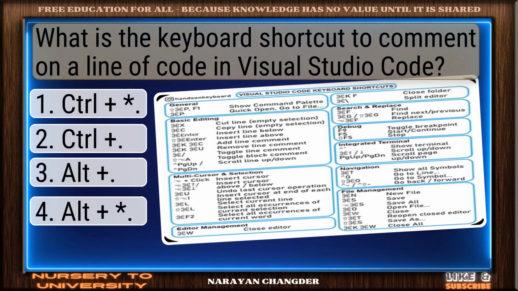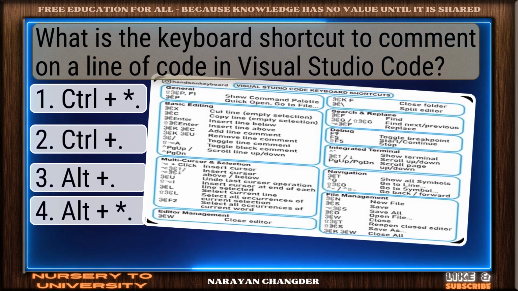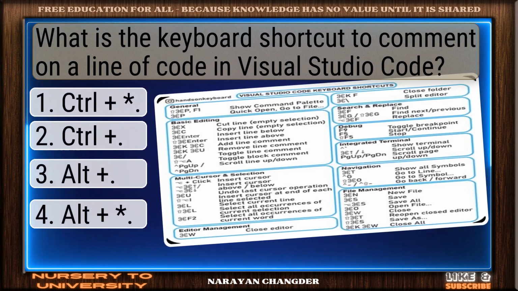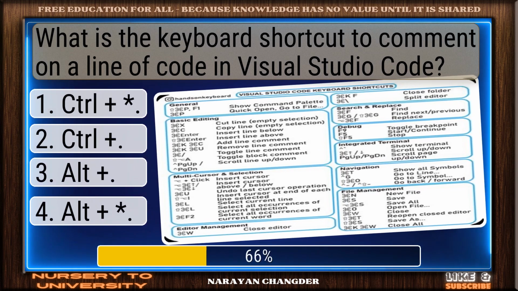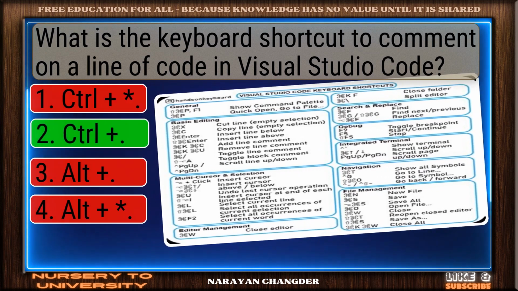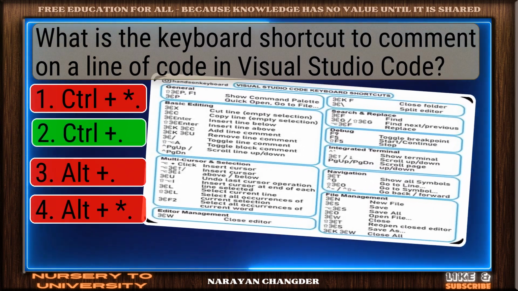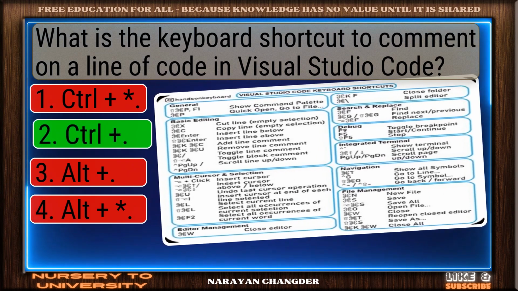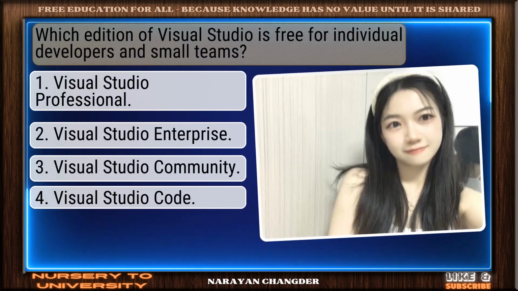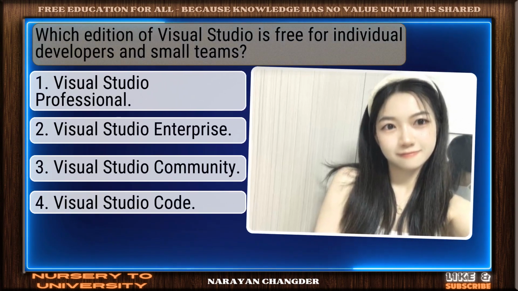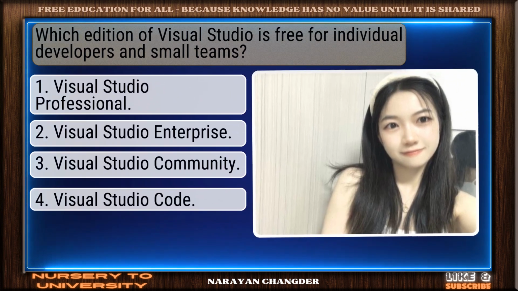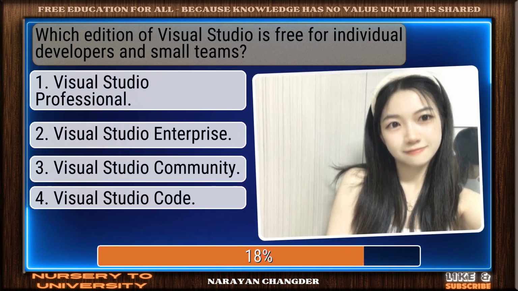Question number 6. What is the keyboard shortcut to comment on a line of code in Visual Studio Code? Clear logic. Your choice, Control plus, is sound and 100% true. Question number 7. Which edition of Visual Studio is free for individual developers and small teams?